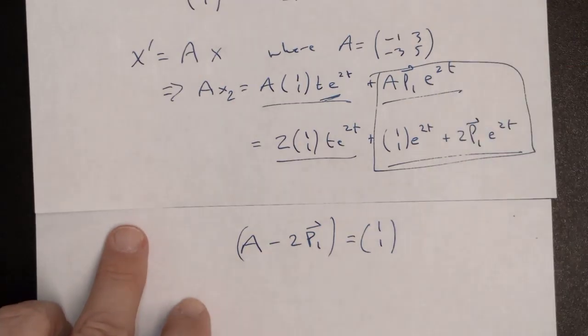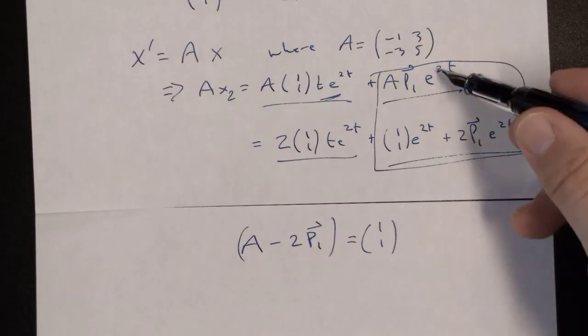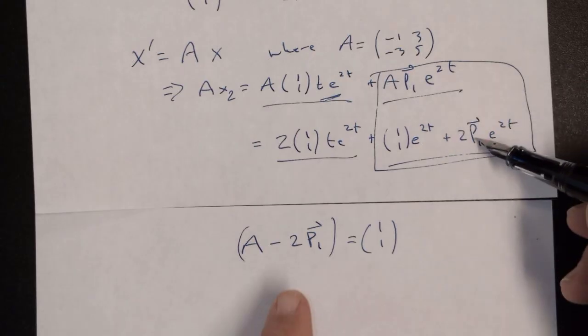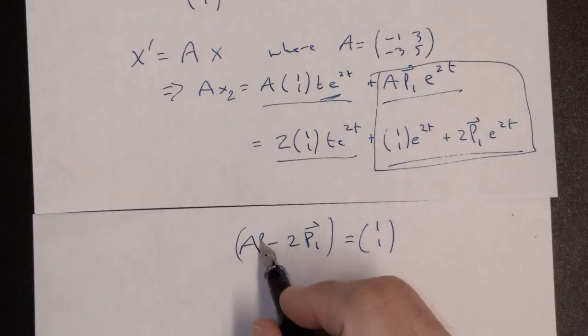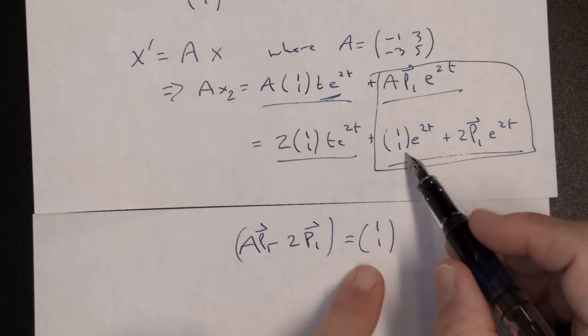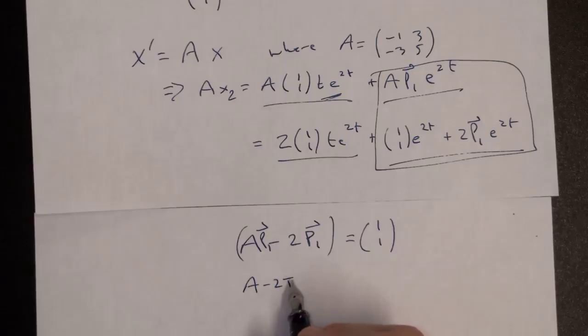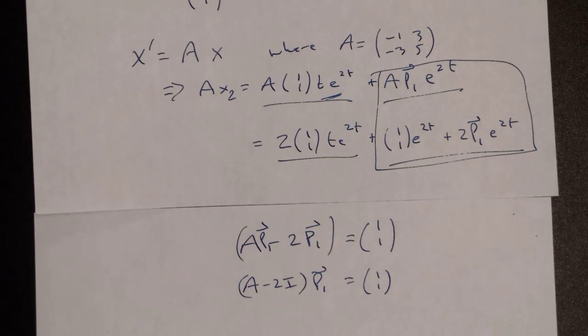I move that up there. The e to the 2t terms, right? A P1 minus 2 P1 should be equal to (1, 1). That's the same as A minus 2I times this vector should be equal to (1, 1).